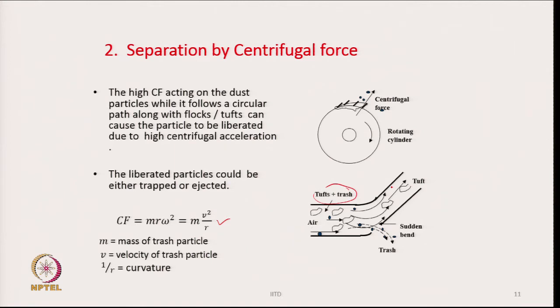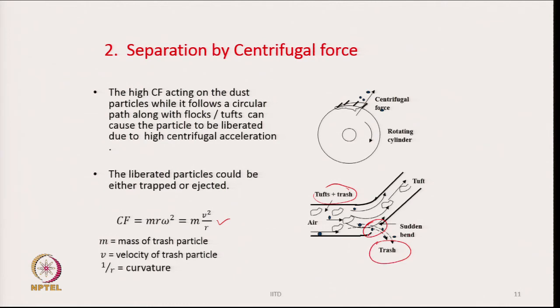If we have a curvature, then you see that a centrifugal acceleration will be acting on the trash particles and the tuft. So, trash particles will not be able to follow the bend and, if we keep an opening over here as shown at this place, the particles will most likely follow a straight path, they will be moving out, and they will be collected at the bottom.